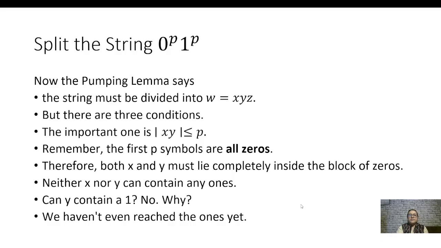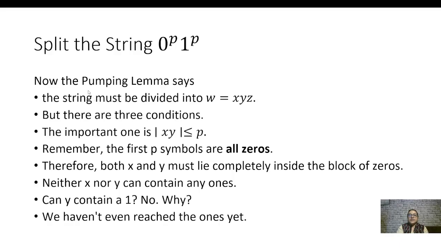Now the pumping lemma says the string must be divided into W equal to X, Y, Z. But there are three conditions. The important one is that the length of XY should be less than or equal to p. Remember, the first p symbols are all zeros. Therefore, both X and Y must lie completely inside the block of zeros.